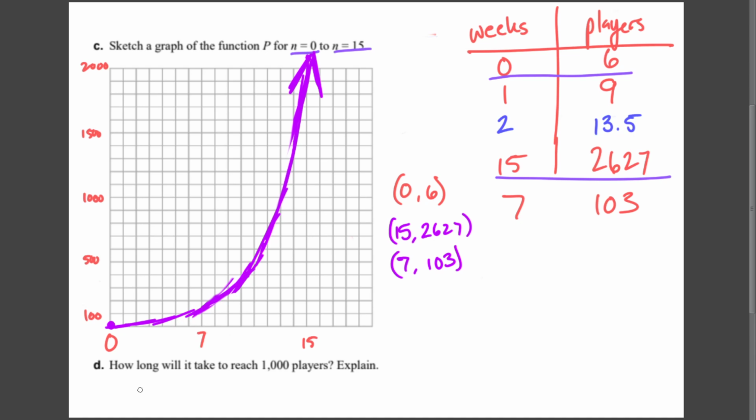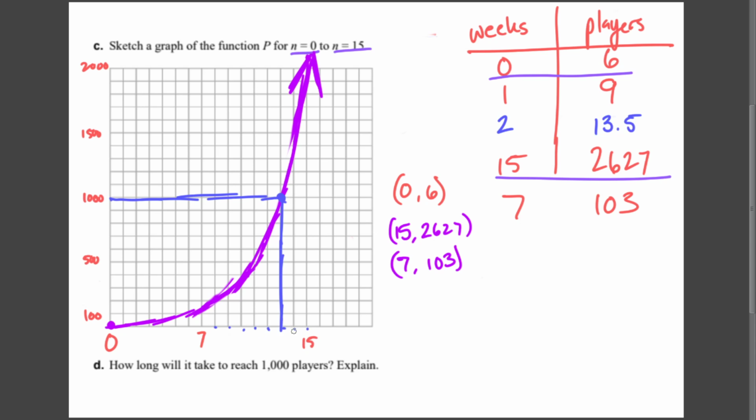Anyways, last question. How long will it take to reach 1,000 players? For this, we can use our graph to estimate. You're not going to find a perfect answer for this, but we're going to estimate 1,000 players. 1,000 players is here. So we're going to come across roughly right about here-ish, and then come straight down. And this looks like we got 7, 8, 9, 10, 11, 12, 13, 14, and 15.